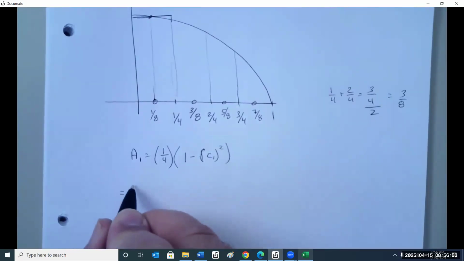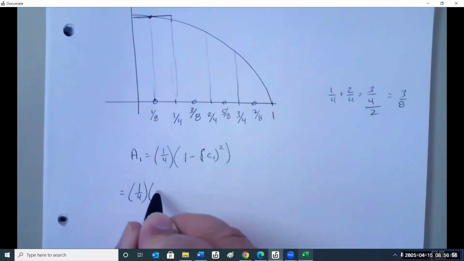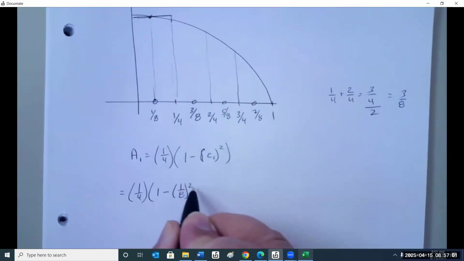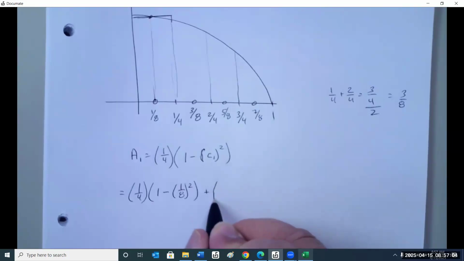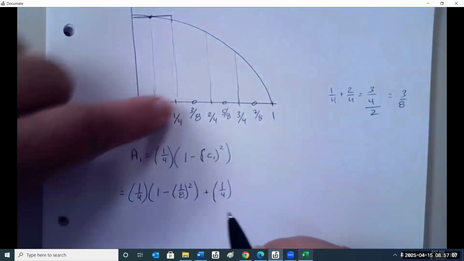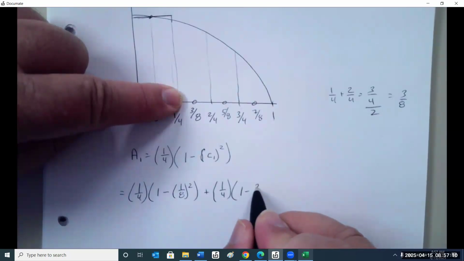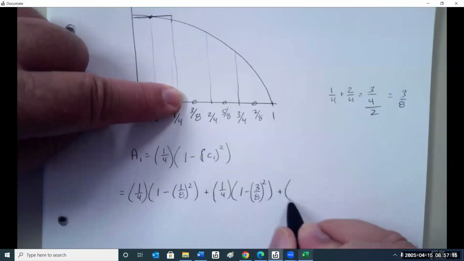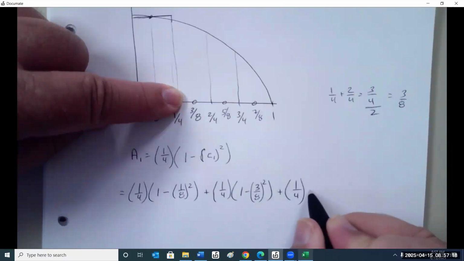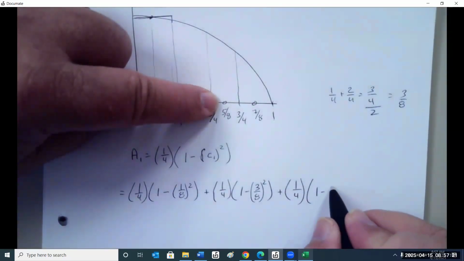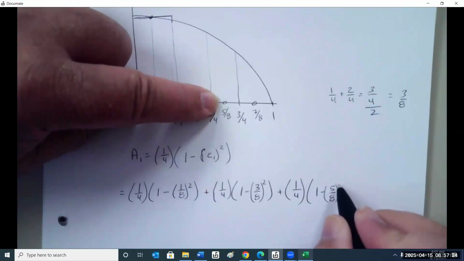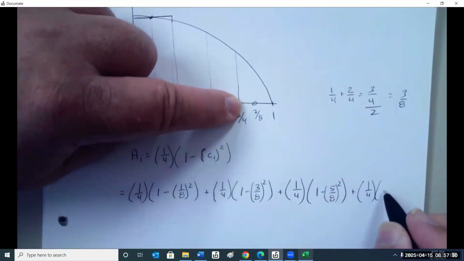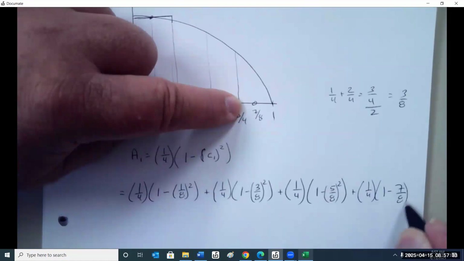So our areas are going to be 1/4 times 1 minus 1/8 squared. 1/4, that's 1 minus 3/8 squared. 1/4, 1 minus 5/8 squared. 1/4, 1 minus 7/8 squared.